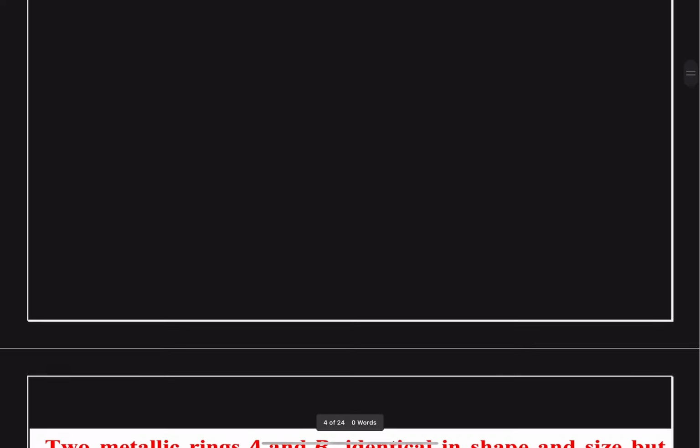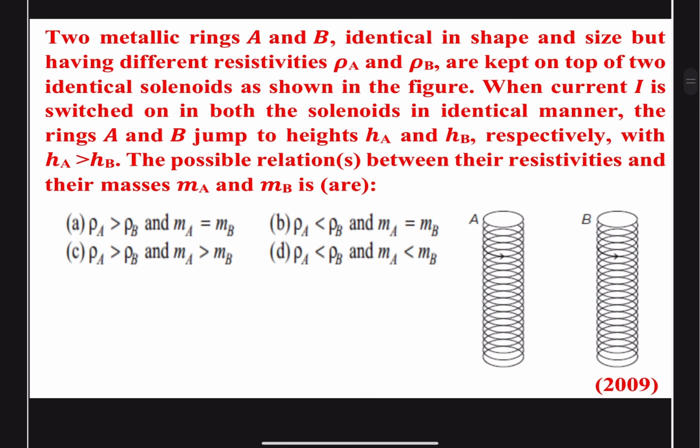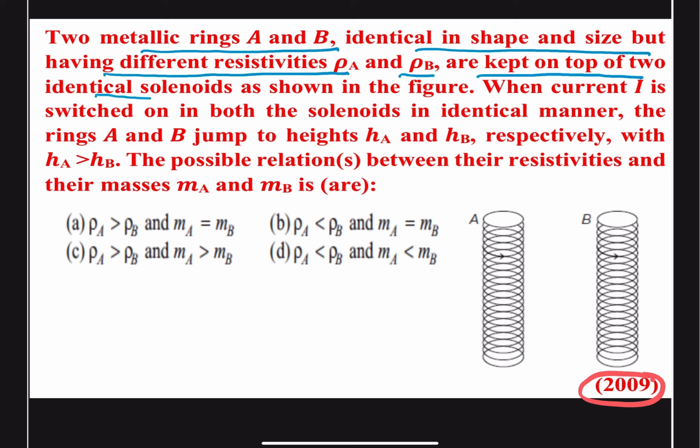Next question, which was asked in the year 2009, states that two metal rings A and B, identical in shape and size but having different resistivities rho A and rho B, are kept on the top of two identical solenoids as shown in figure.